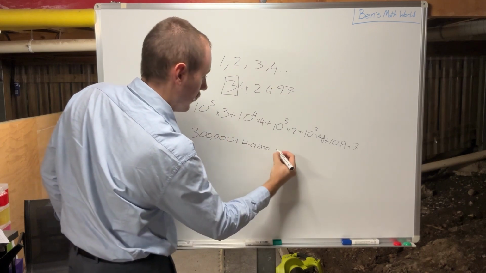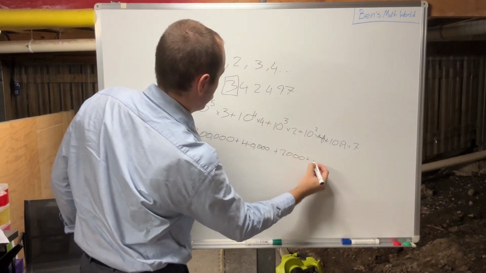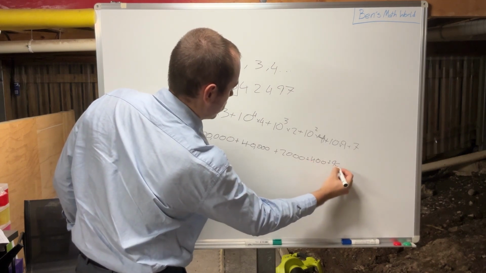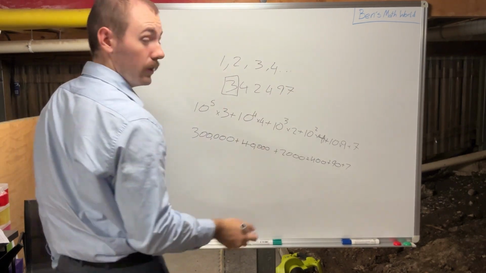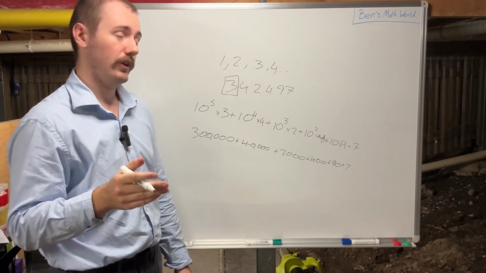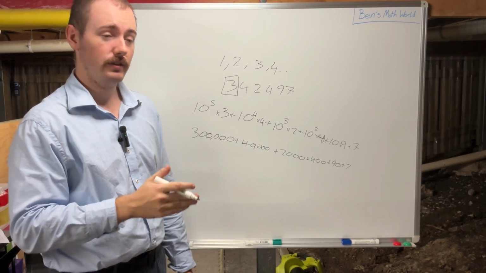And then we'll do the 2 next, which is worth 2,000. Then we'll do the 4 next, which is worth 400. Then 90. Then 7. If we add all this up, we'll just get this number again. So really easy exponent notation, but for the Australian Year 7 curriculum, you need to know this, okay?